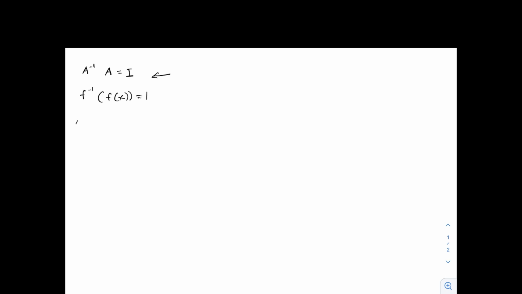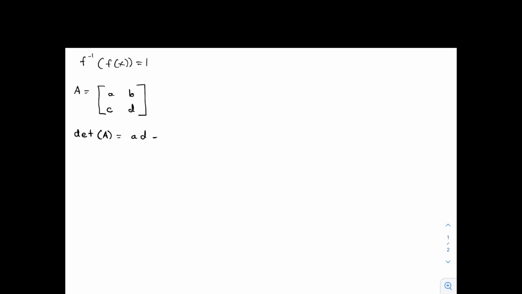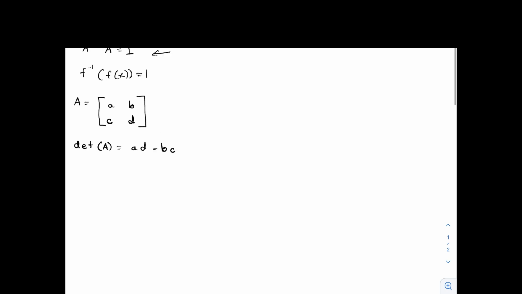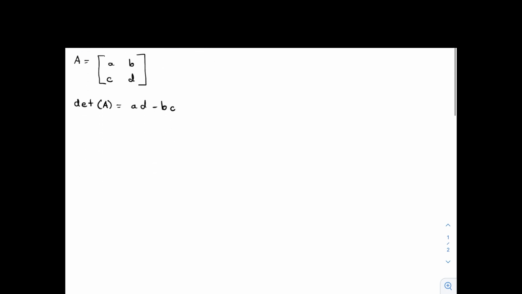So if we define a 2x2 matrix A as follows, then the determinant of this matrix A is given to us by the formula AD minus BC. And if this is equal to 0, as is implied by this formula, then AD is equal to BC.